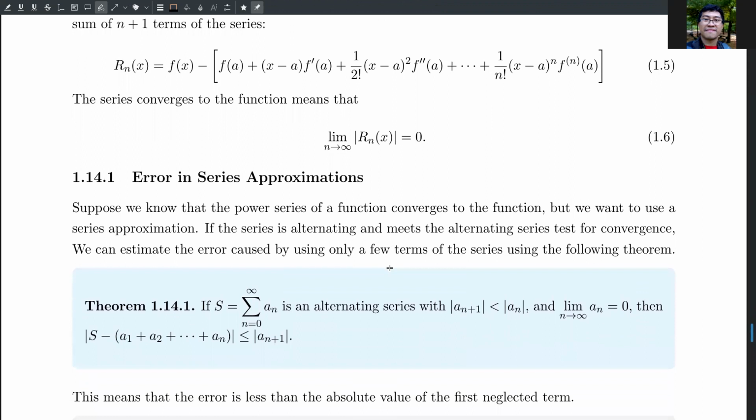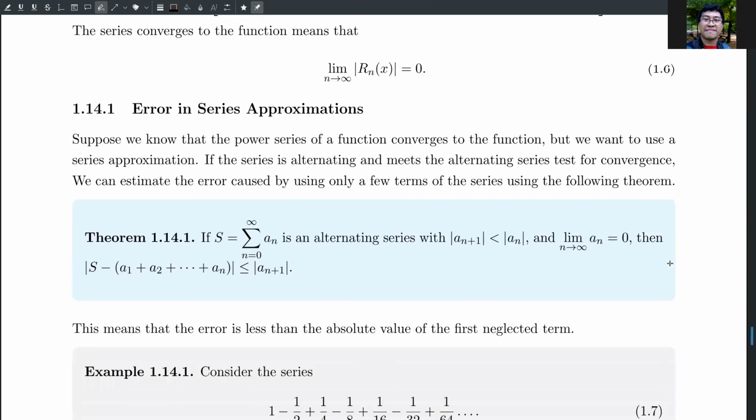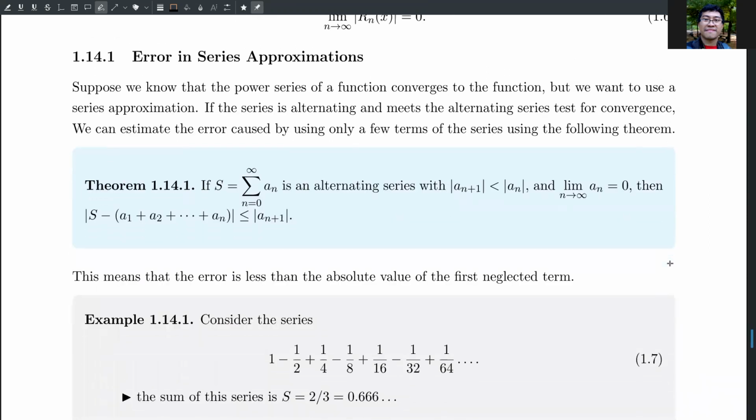Now, suppose we know the power series and it converges, but we want to use only an approximation. If the series is alternating and it converges, we can estimate the error caused by using only a few terms of the series. We use this theorem.